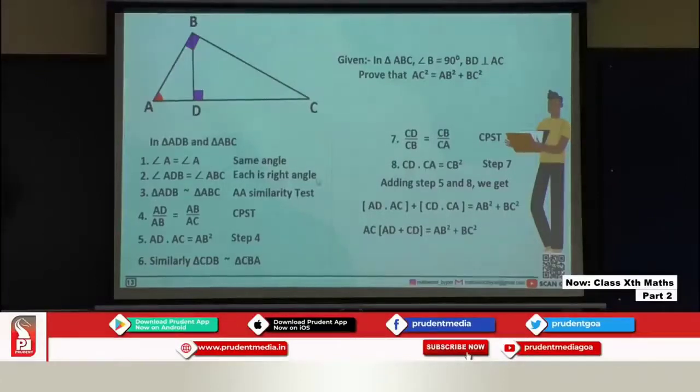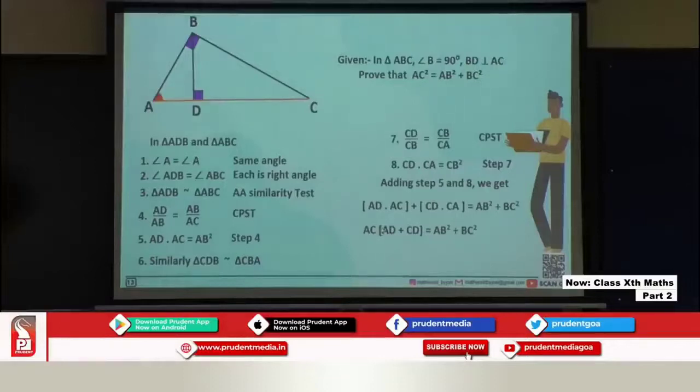Okay. Now if you look at the figure, notice the figure now. So I have AD and CD, right? So AD and CD is nothing but the entire stretch of side AC, right?